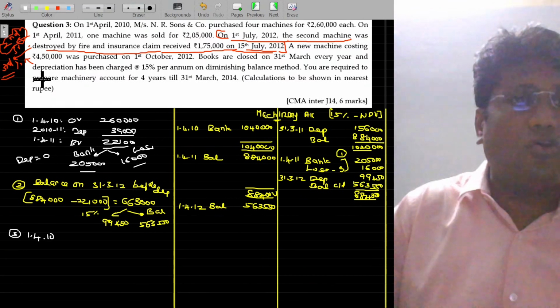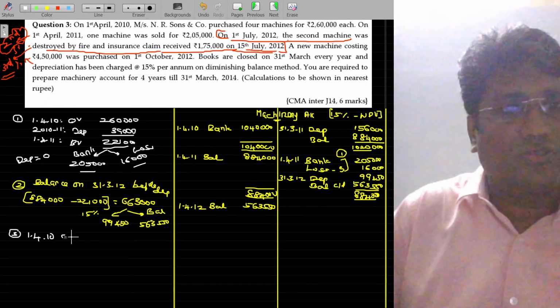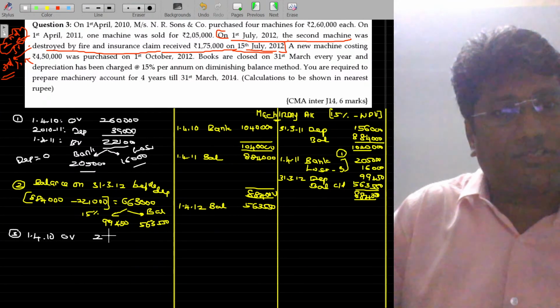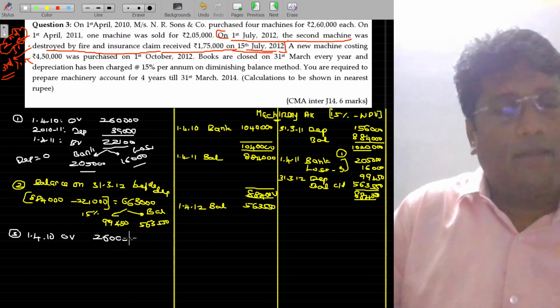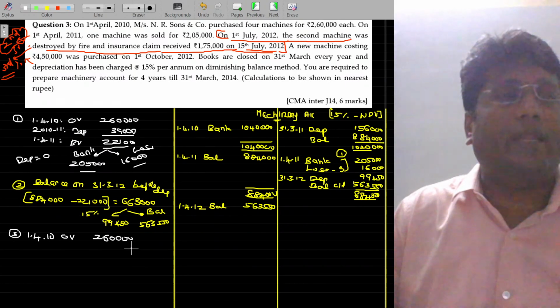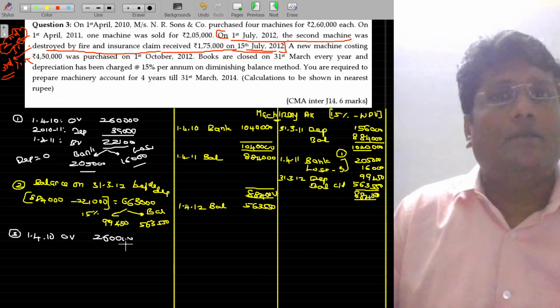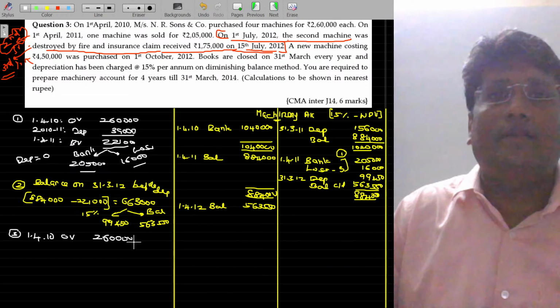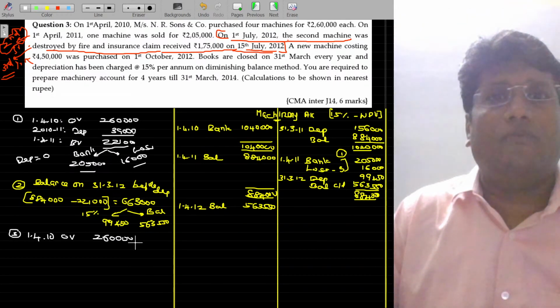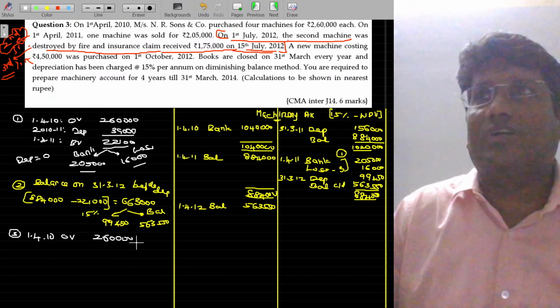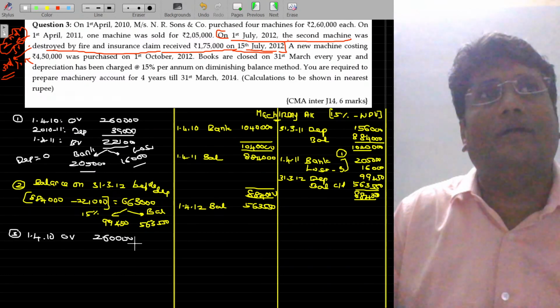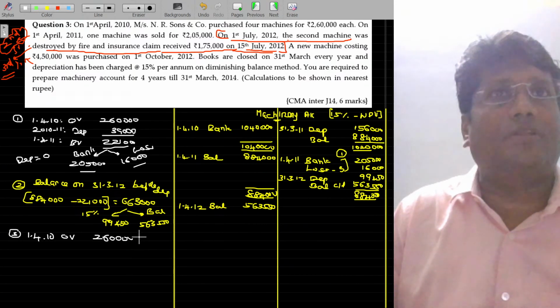This second asset also originally purchased on 1/4/2010 for rupees 2,60,000. And this asset was used for 2010 and 11 and 12. During 12 and 13, in the mid of the year, probably 1st July, the machine was lost in fire accident. So in the third year, we have to provide the depreciation for the 3 months.